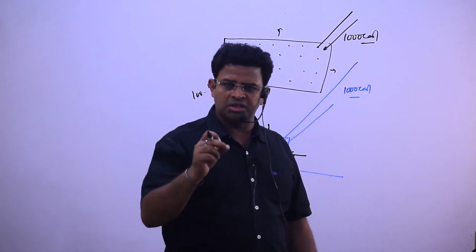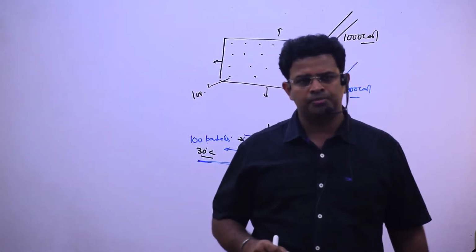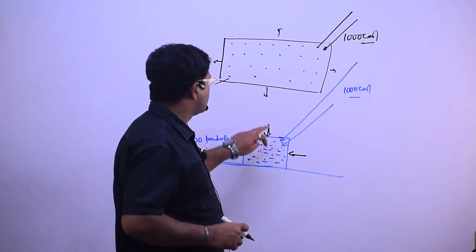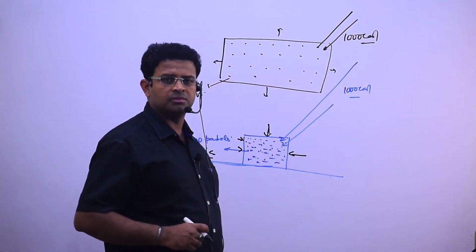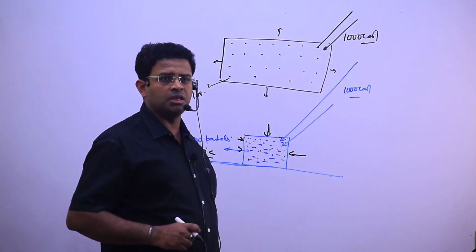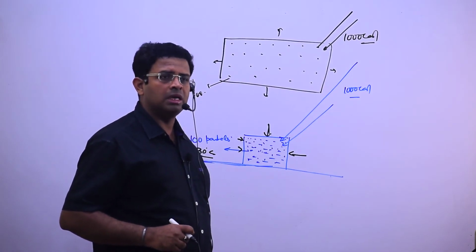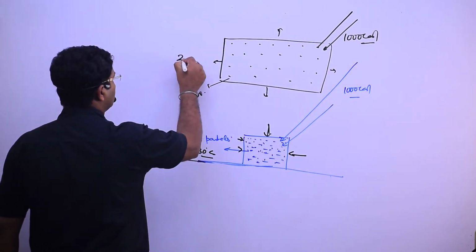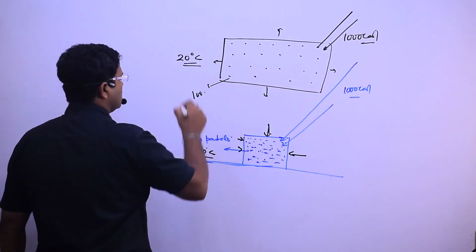And when these molecules and particles are exciting, they start colliding. But in comparison to this, there will be less collision. And due to the less collision, the temperature rise will be less.